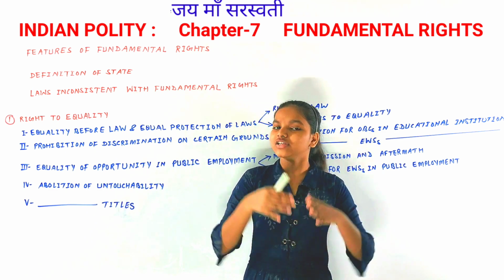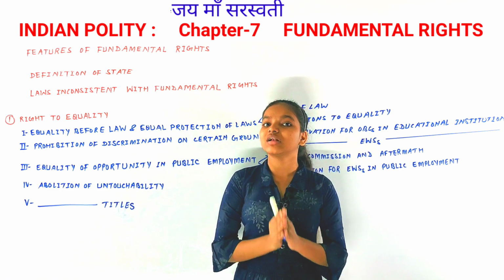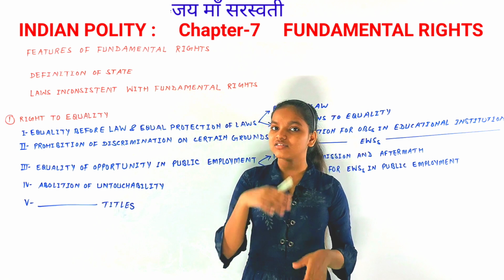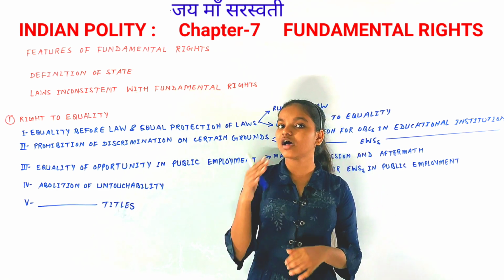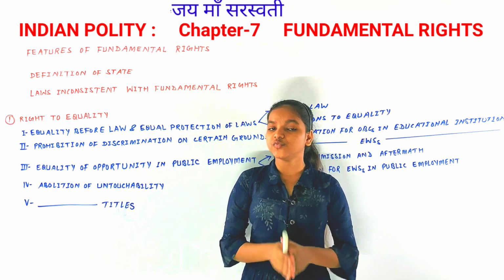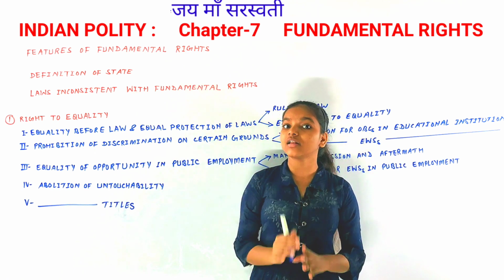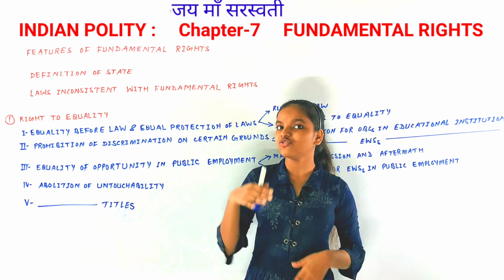Originally when they were written, there were 7 fundamental rights, but at present there are 6. First is the right to equality, from Article 14 to 18. Then comes the right to freedom, from Article 19 to 22. Then the right against exploitation, Articles 23 to 24.